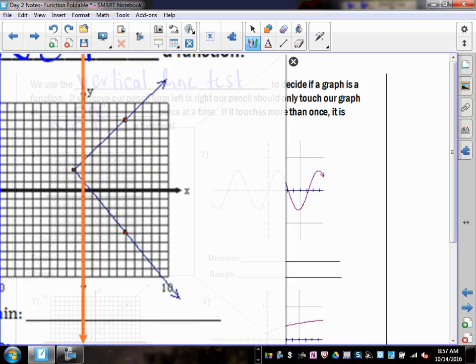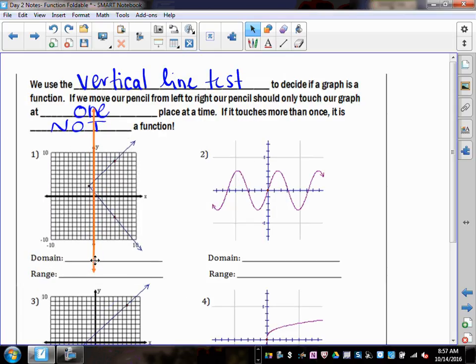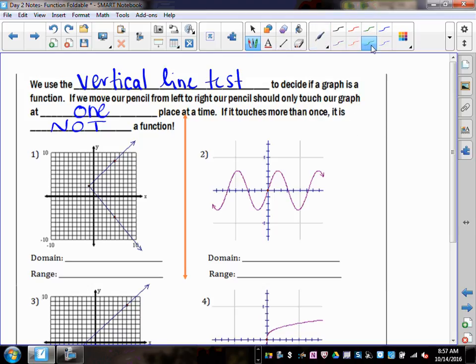Remember, it has to have one and only one y. So my vertical line test, if I'm hitting it in 2 places, that means there are 2 y's for that one particular x. We're checking to see if it has just one y. So as soon as it fails, not a function. All right, so let's go ahead and declare this as not a function.